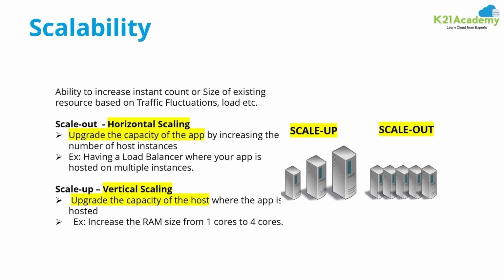When the load is increasing, I can do horizontal or vertical scaling to support the increased load. That is known as scalability, for my infrastructure which I have deployed. It is known as scalability of my solution.